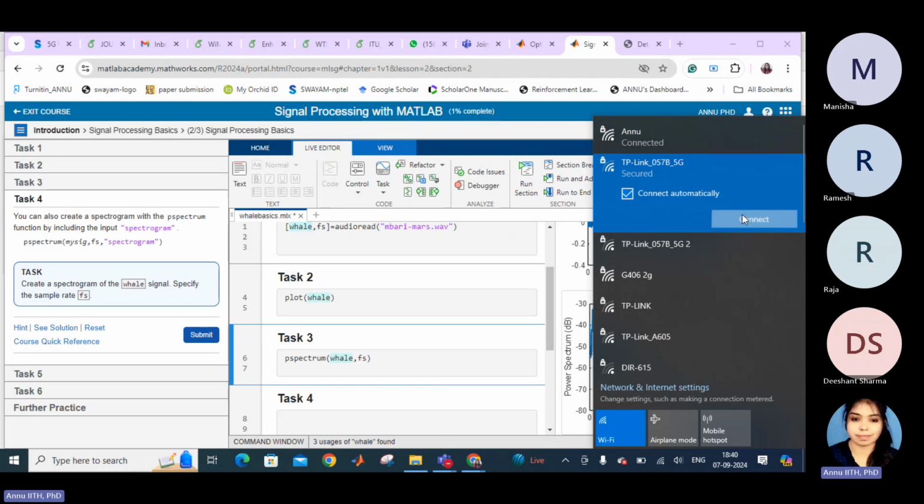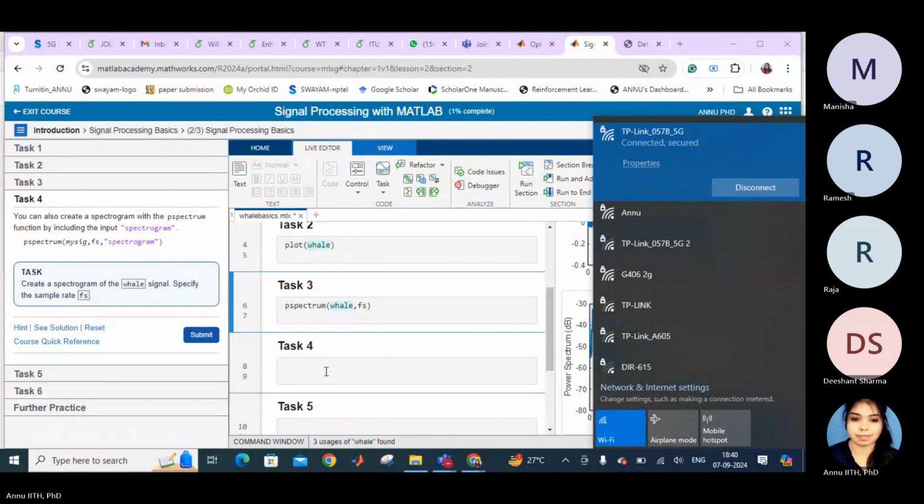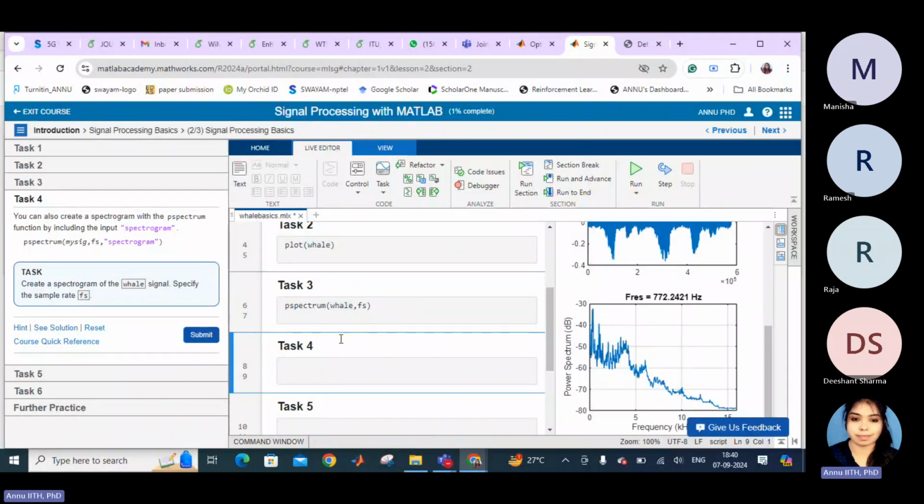So you can also create a spectrogram with the pspectrum function by including the input spectrogram. So let's create the spectrogram. I hope the internet connectivity is good. If you are not able to see anything, please tell me.